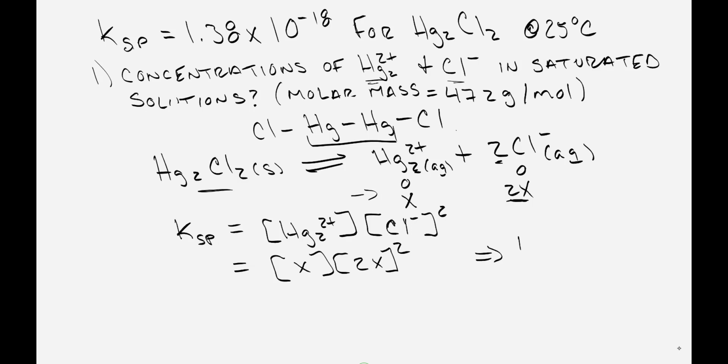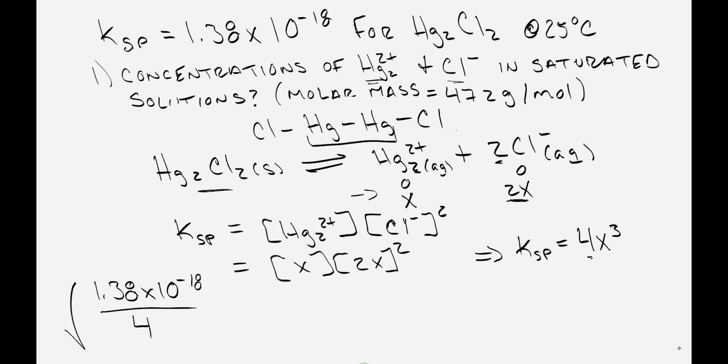It goes to Ksp equals 4x cubed. So now we can actually solve because we have a Ksp number, and that is 1.38 times 10 to the negative 18. And we're going to divide by the 4. We're going to take the cube root of that, and that will give us the value of x.